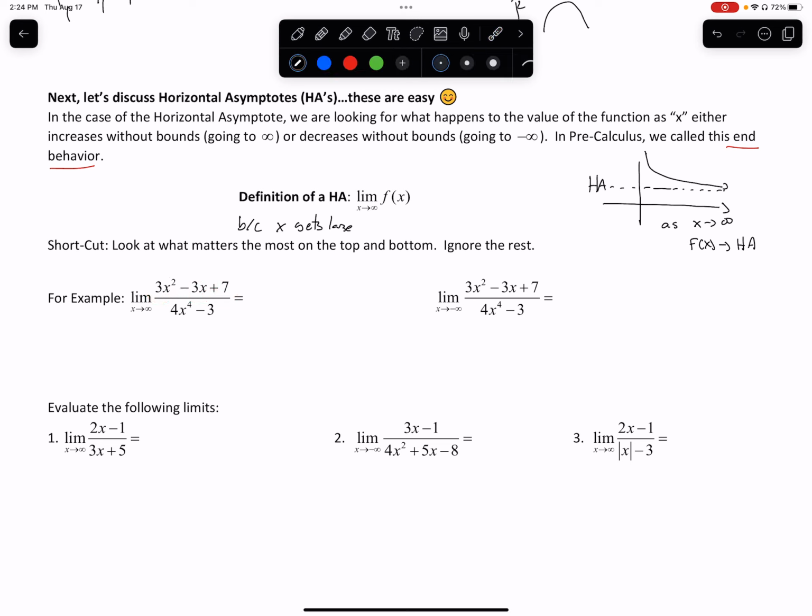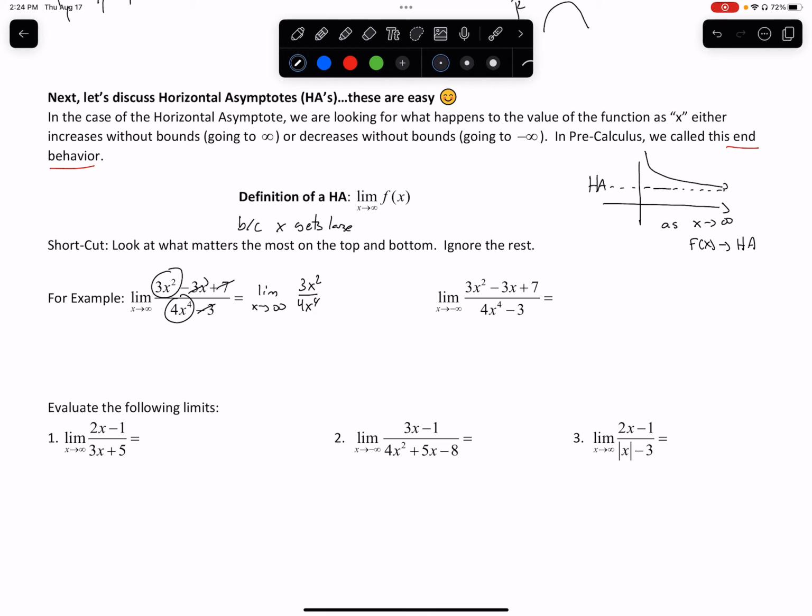So what I can do is I can just rewrite this, the limit as x goes to positive infinity. All I care about is this 3x squared, and on the bottom, this 4x squared. Everything else just goes away for us because when we think about how big these numbers are going to be, that should be a 4 right there.